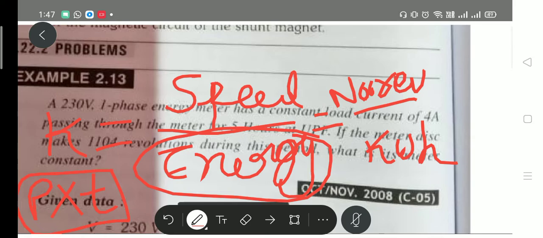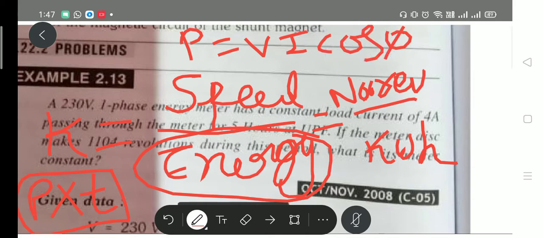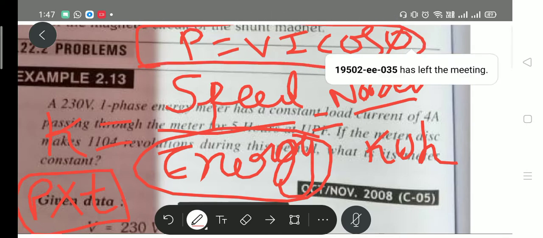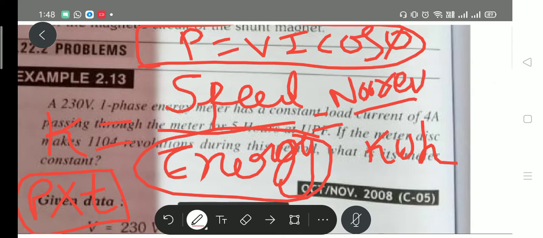Power formula is P is equal to VI cos phi, right? In the AC, power formula is P is equal to VI cos phi, but we required in kilowatt hour. So, I am taking by 1000, VI cos phi by 1000.